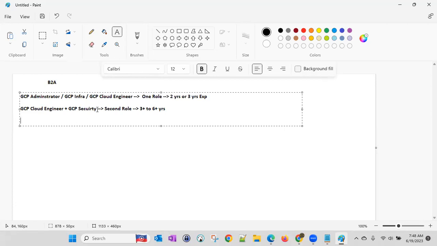Here, the third role. I have seen some candidates who have 10 years, 15 years of experience. One of my students worked as a senior level civil engineer for approximately 12 to 13 years. But now he is working in Genpact.